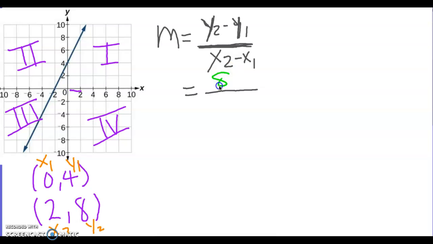8 minus 4. Now, let's pick another volunteer. Let's see, who have I not heard from? Genesee. Can you tell me what goes in the denominator? We're looking for the 2 numbers that would go in the denominator that correspond to x2 and x1.